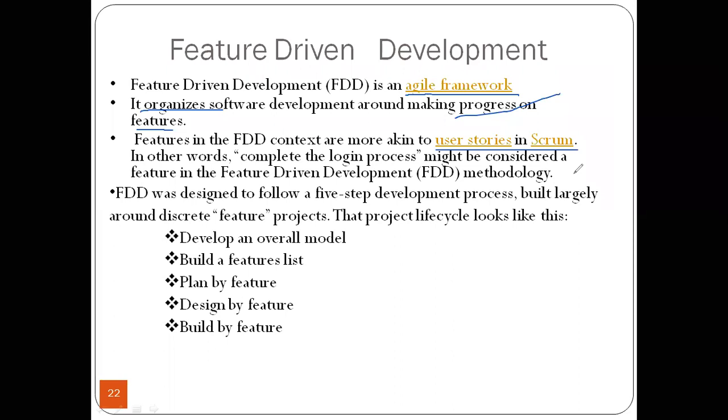We have seen the concept of Scrum. In Scrum, we have some user stories. What are user stories? These are the individual requests or features of a client that are added to our projects, isn't it?